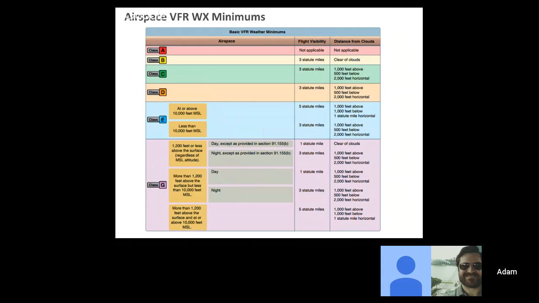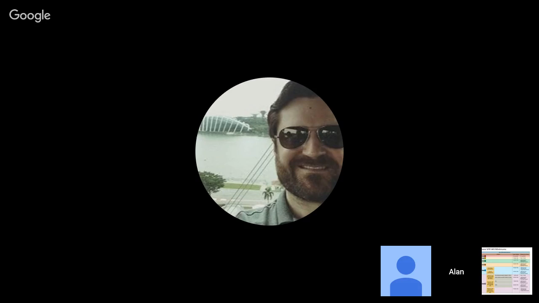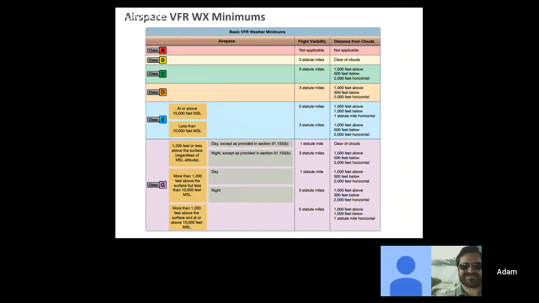You guys hear me talk about, and maybe in some of the videos you also hear them talk about, IFR flight versus VFR flight. Well, these are the weather criteria that determine whether a certain airspace is IFR, meaning you need to be an instrument rated pilot on an instrument flight plan, or if that airspace is VFR and you can actually fly in that airspace as a VFR pilot without an instrument flight plan.